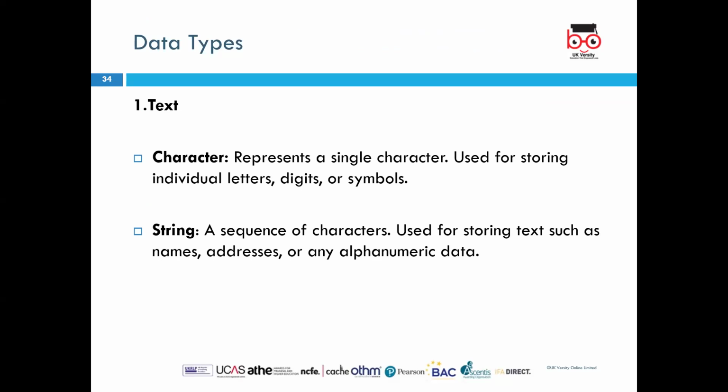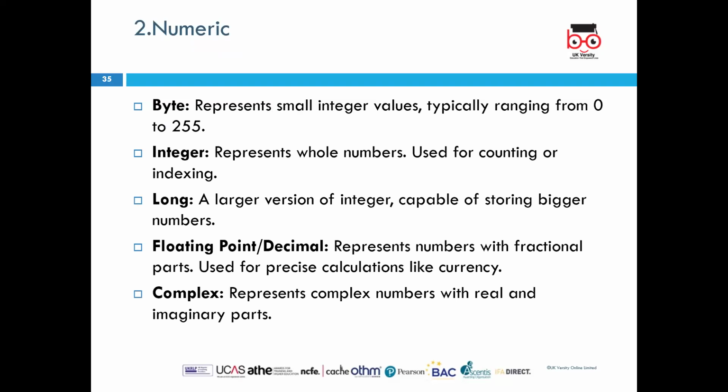For data types, when we come to text, we know we're going to work with a string. A string is a data type that allows us to have a sequence of characters, and as I said, it is used to store text such as names, addresses, or any alphabetical data. After string, we have integers, byte, long, floating point, decimal, and complex.